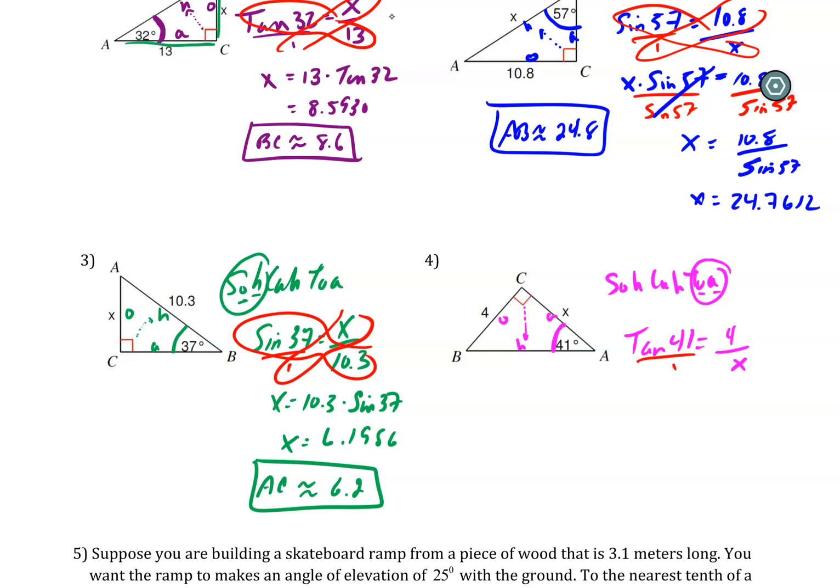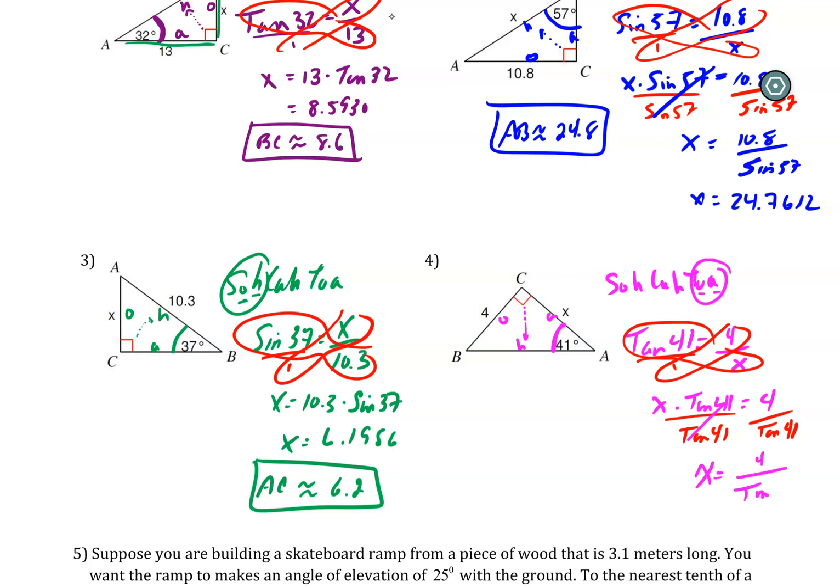Again, put it over 1, cross multiply. I'm going to get x times the tangent of 41 is equal to 4. An extra step here, divide each side by the tangent of 41. So x is equal to 4 divided by the tangent of 41.